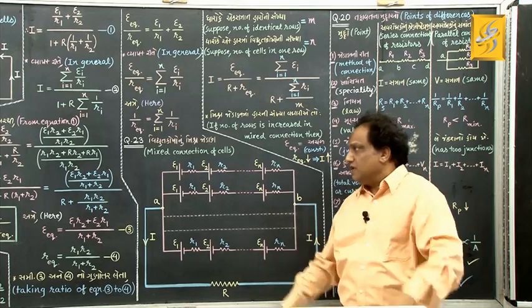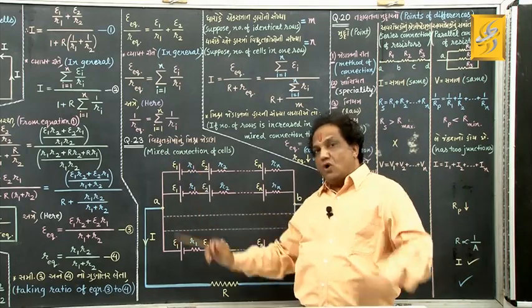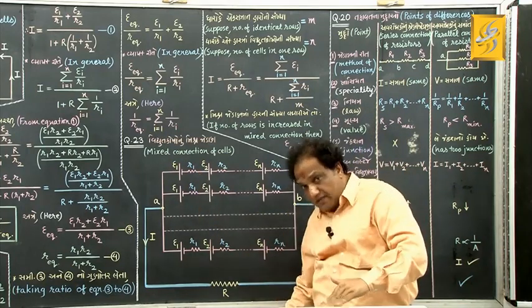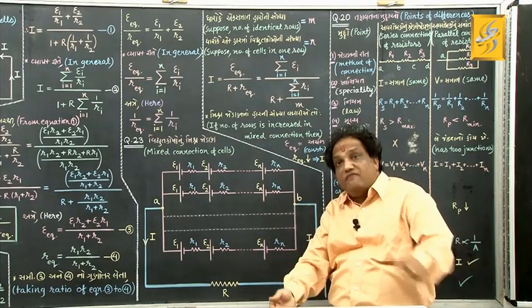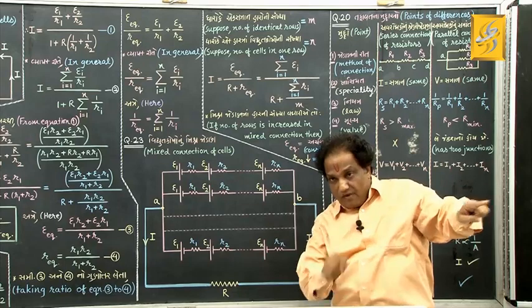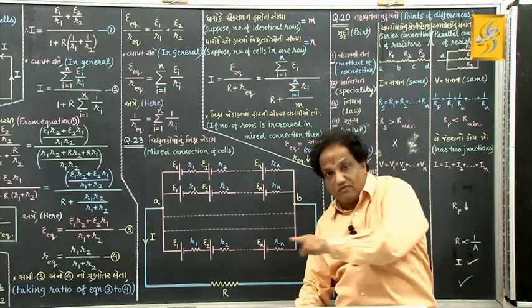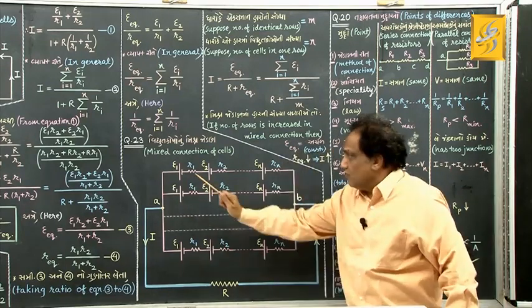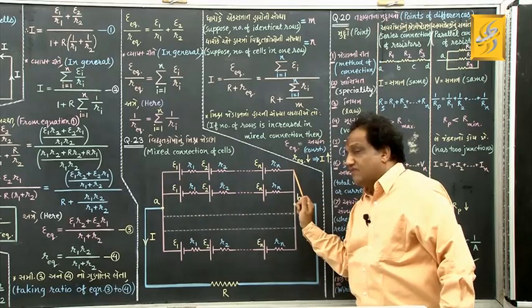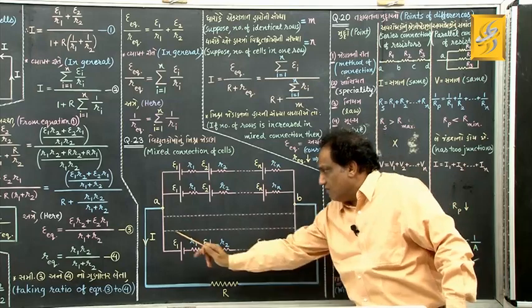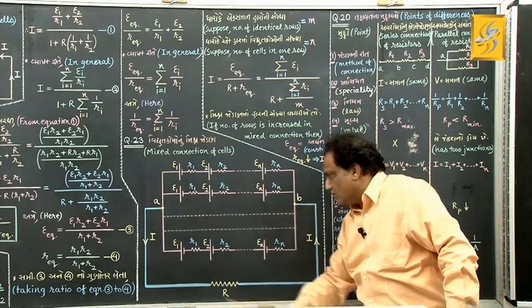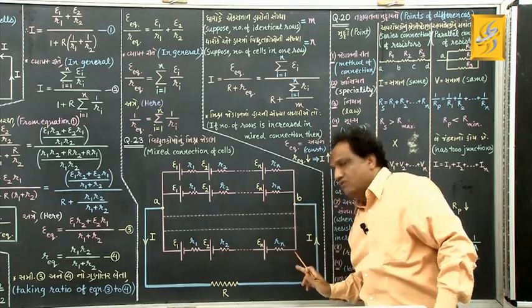But I told you, in case of mixed connection all the rows are identical, and when all the rows are identical, whatever is the effective EMF from the first row, the same will be from the second row, the same from the last row. So between these 2 points, what is the potential difference? 15 volt. Between these 2 points also 15 volt, and between these 2 points also 15 volt.